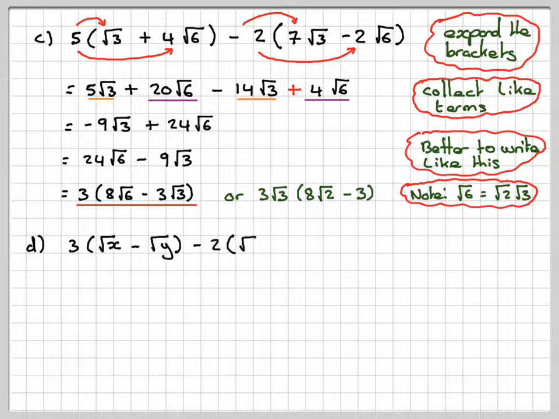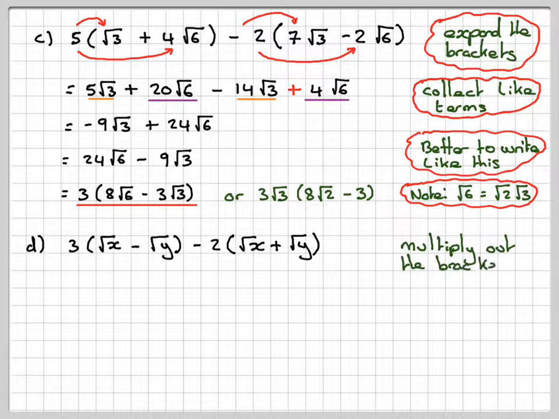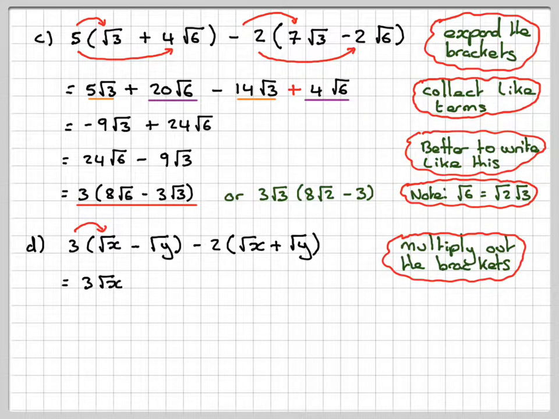The last example, so we've got 3 brackets root x minus root y minus 2 brackets root x plus root y. So multiplying out the brackets, or expanding the brackets, becomes 3 root x minus 3 root y minus 2 root x.